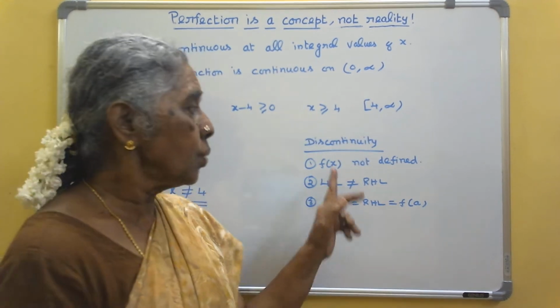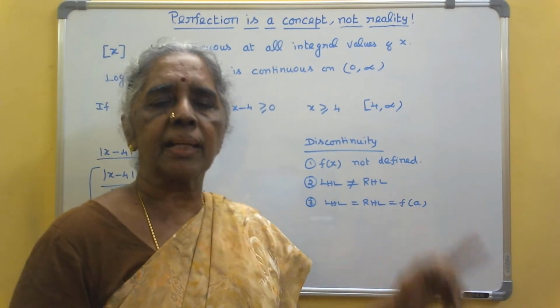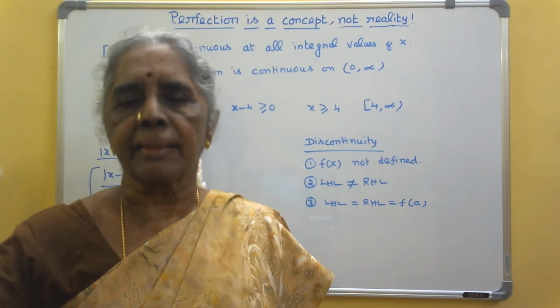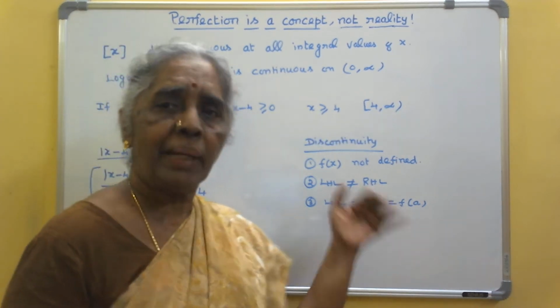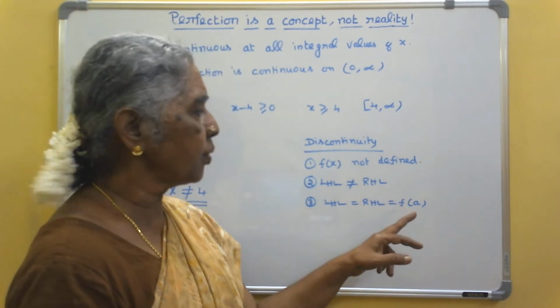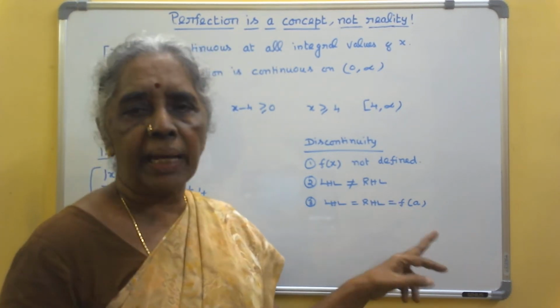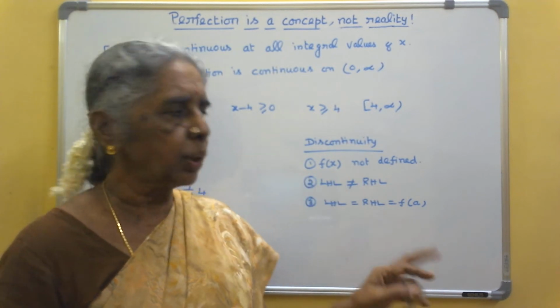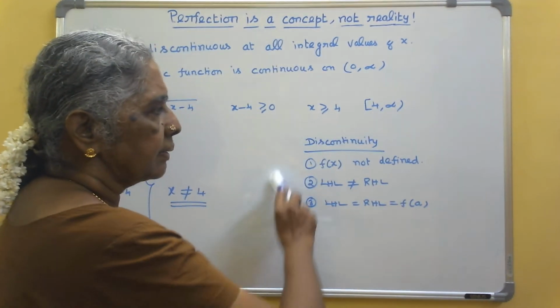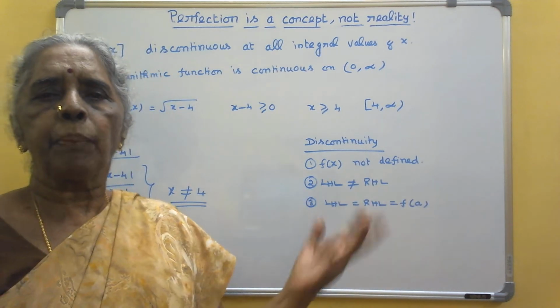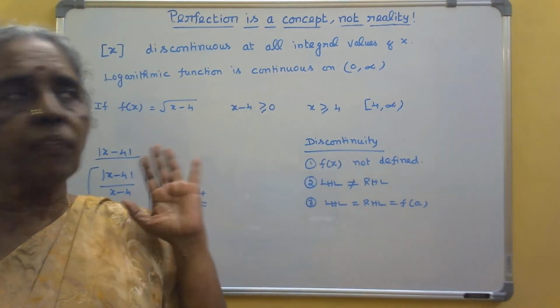So when LHL is not equal to RHL, the function is discontinuous. The third case, your LHL may be equal to RHL, but it is not equal to f of a. Then the function is discontinuous at the point a. So this is in general a summary of all the possibilities of discontinuity of a function.